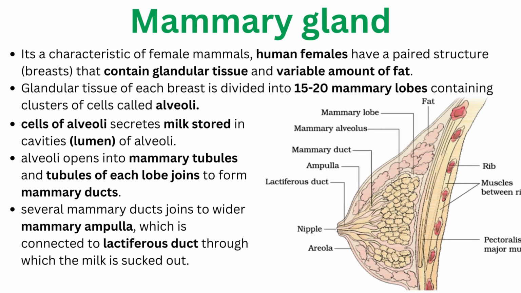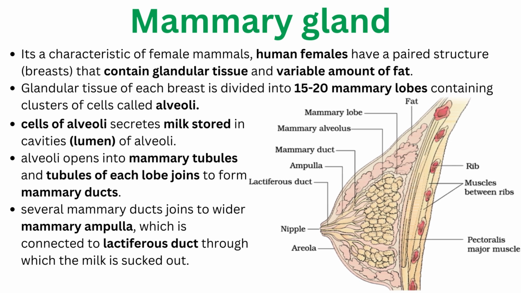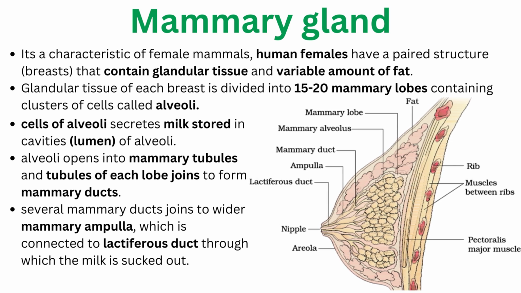Now we are coming to the next part, mammary glands. Mammary glands are a characteristic of female mammals. Human females have a paired structure called breasts that contain glandular tissue and a variable amount of fat. The glandular tissue of each breast is divided into 15 to 20 mammary lobes containing clusters of cells called alveoli. You might be confused between the alveoli of lungs and the alveoli of mammary glands, but they are different from each other.